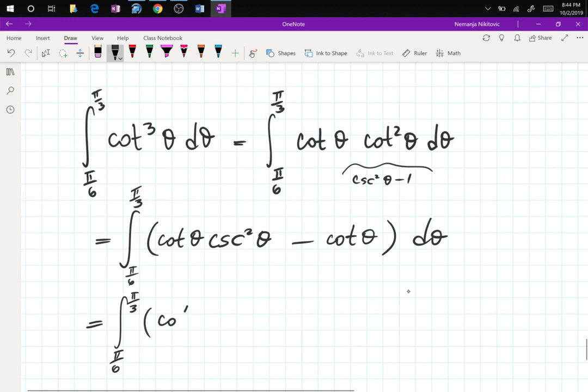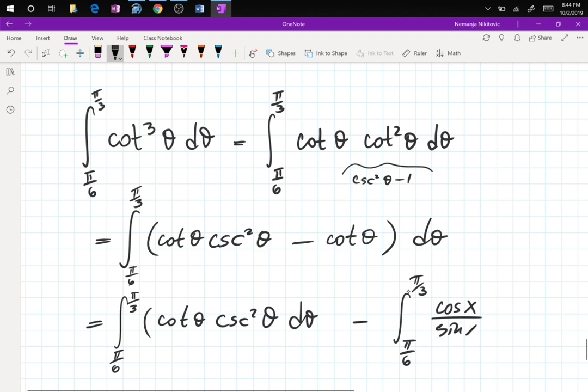I'm going to leave the cotangent theta, cosecant squared theta, and now I'm going to put d theta. So that's the first. The second integral is a separate integral. It will have a separate substitution, so I have to break it off, and I'm going to write it as cosine theta divided by sine theta, because we are going to use a separate substitution for that piece.